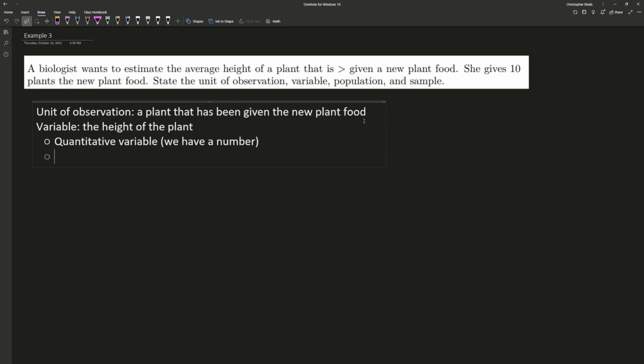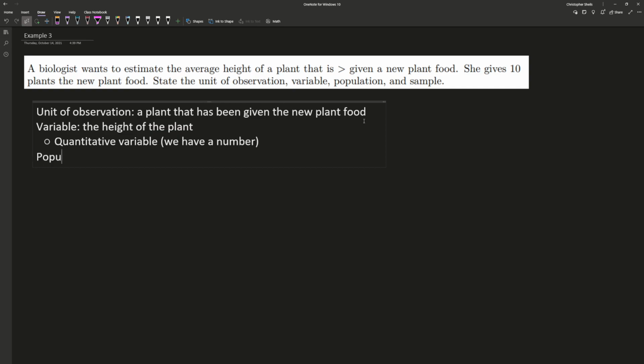We have a measurement here, right? The past two were qualitative variables because the data that we were collecting was in the form of a word or a quality of something rather than a number or a measurement of something. But now that we're dealing with measurements or numbers, these are quantitative variables.